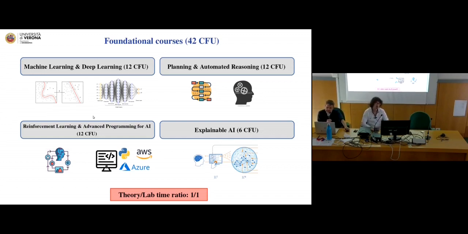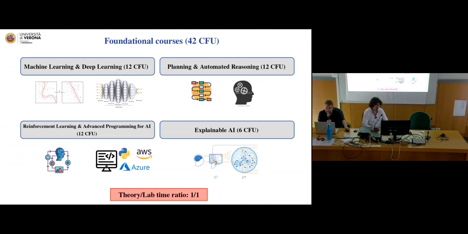Advanced programming for AI is a course that was strongly requested by companies, because to make this degree, we had some consultation with companies, and they asked strongly to have specialists able to use state-of-the-art methods directly when they go out from this course, not after 1 year of other study or other courses.